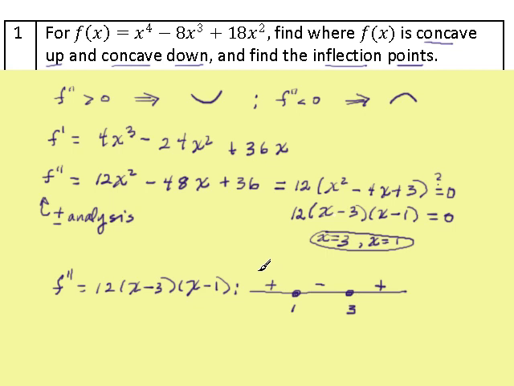Okay, so that tells us that f is concave up on this interval, concave down in between the 1 and the 3, and concave up on this interval. Furthermore, since the concavity changes when you pass through 1 and when you pass through 3, at x equal 1 and x equal 3, we have inflection points. So 1 comma f of 1.